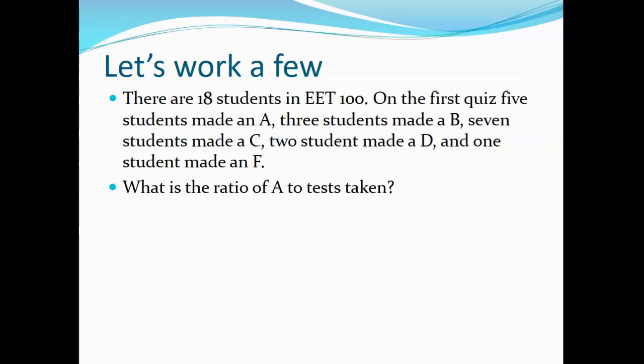How much does that simplify this word problem? 18 students, 5 A's, 3 B's, 7 C's, 2 D's, 1 F. I don't care about all the rest of those words. They don't make a difference, right? I can even cross out the students here. I know I need 18 total.